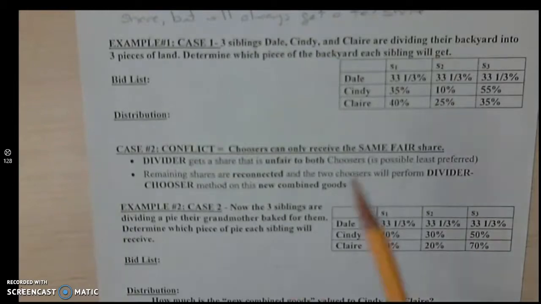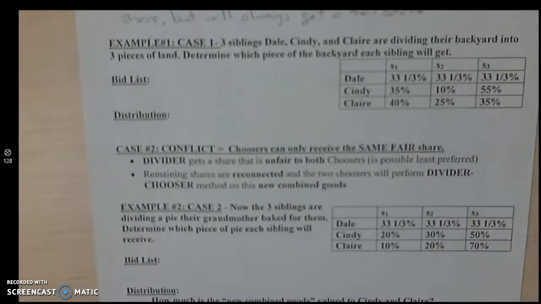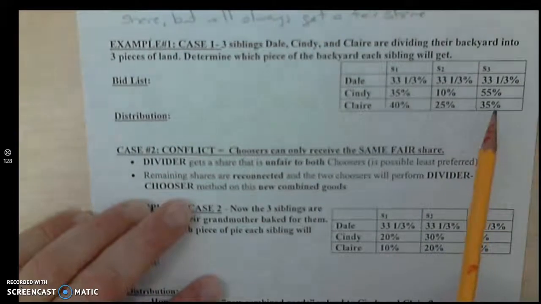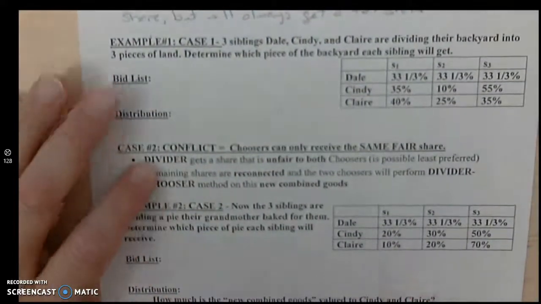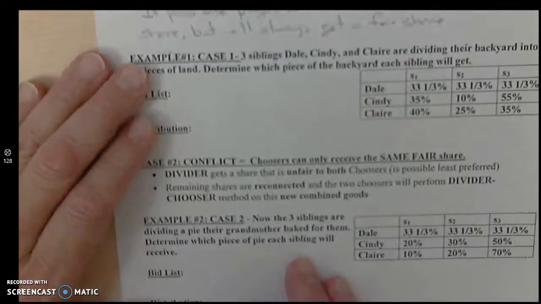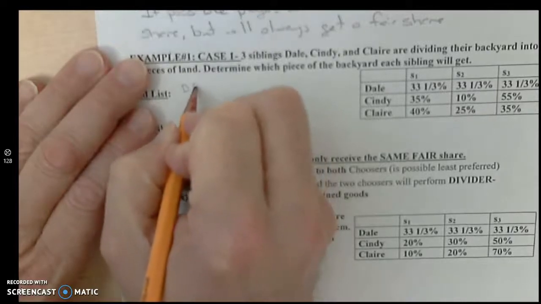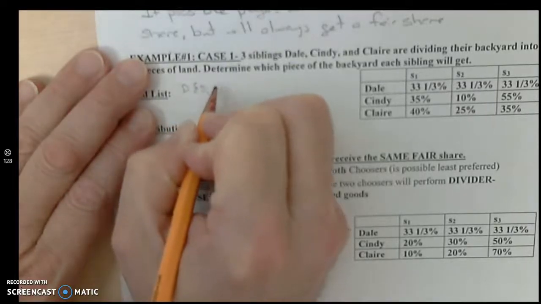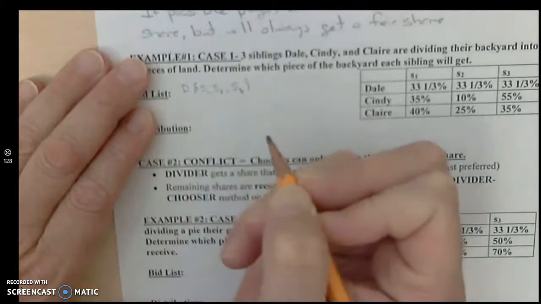And then Claire was 40 for the first, the second was 25, and the third piece was 35. Okay. So first, we want to make sure everybody gets their fair share. If you think about it, Dell is okay with 1, 2, or 3.